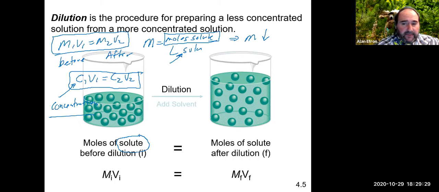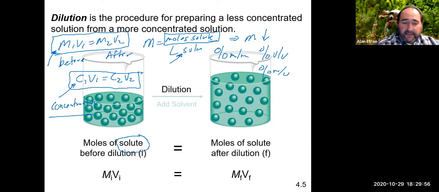It could be other units of concentration, some of which we'll talk about in a later bit in this chapter, such as percent mass to mass, percent volume to volume, percent mass to volume. These are all different concentrations that technically you could put in here. But again, most people will stick with molarity because that's usually the most common unit of concentration.